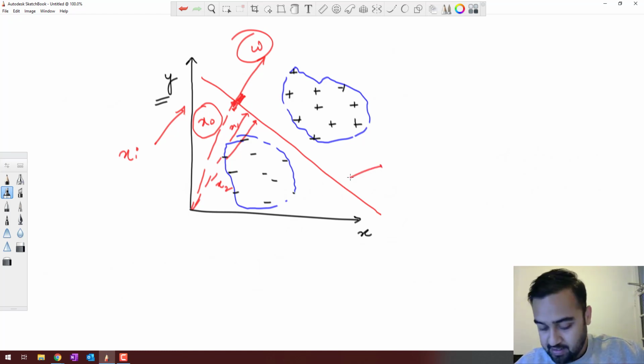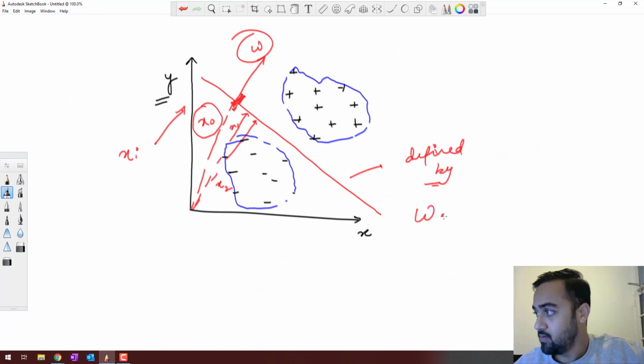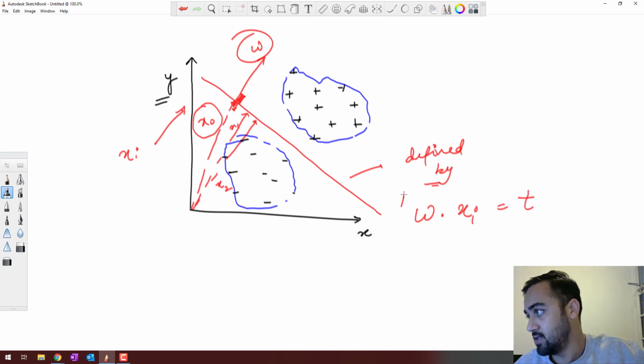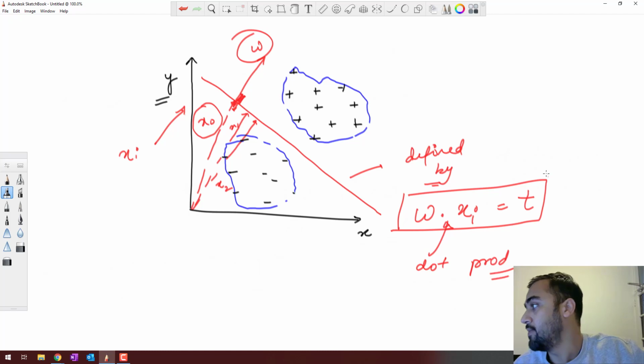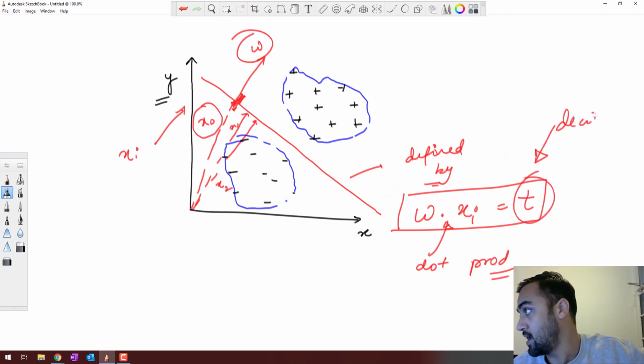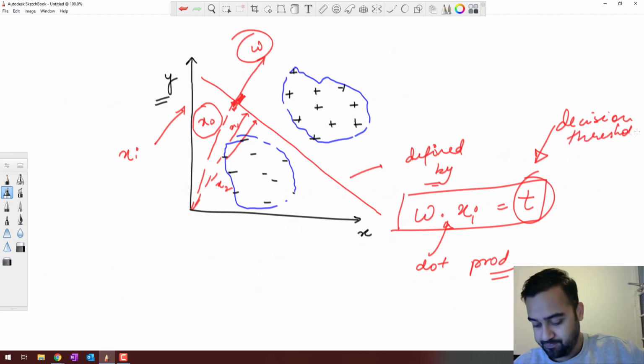So this line can be defined by w dot xi is equal to t, right? Where this is the dot product, right? And t is a decision threshold, right?